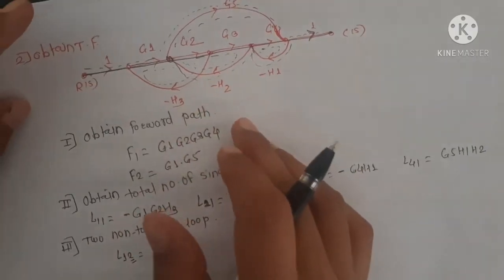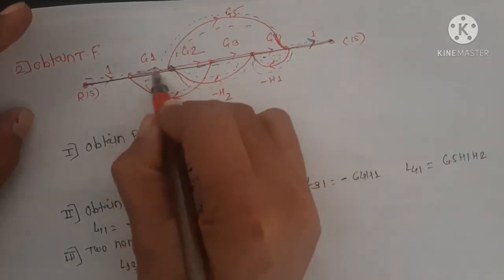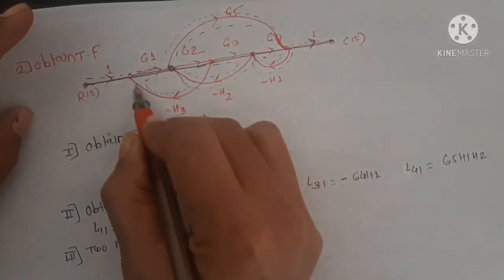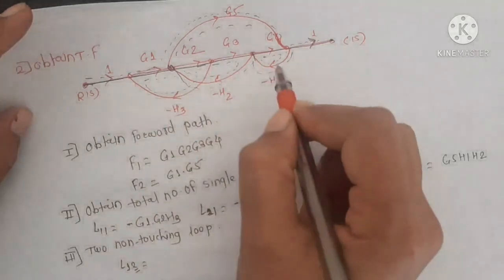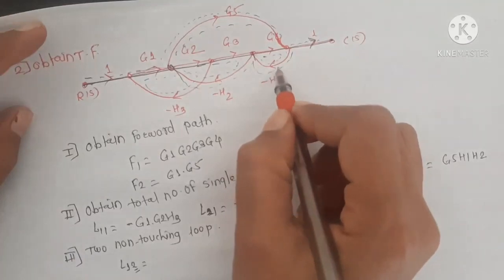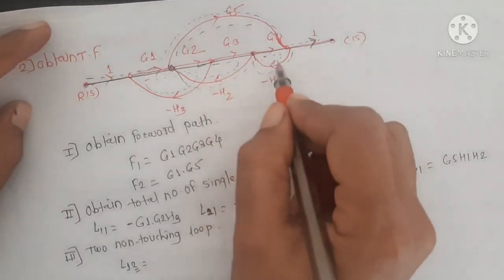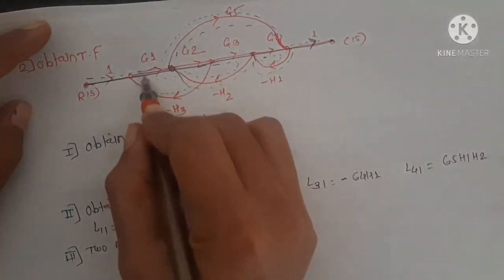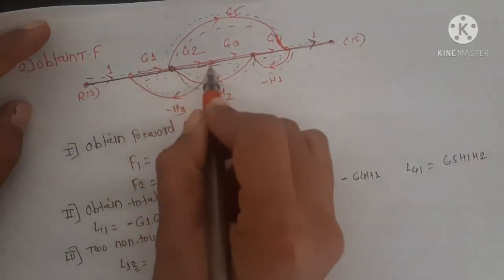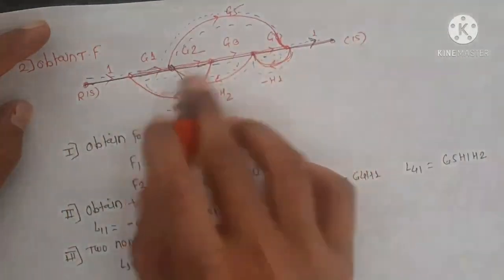So let's see here, that is G1, G2 and H3, and minus G4 and H1. Non-touching loops means these two loops should not touch each other. Look at this: this is one loop and this is the second loop. These two loops are not touching each other.